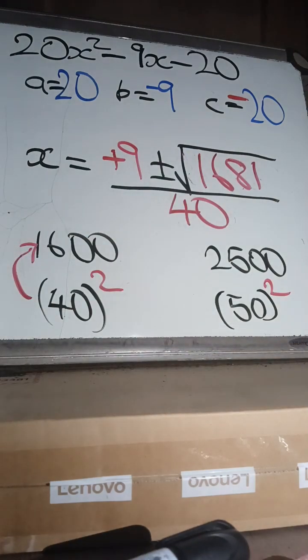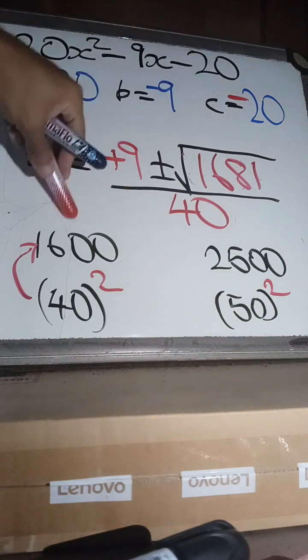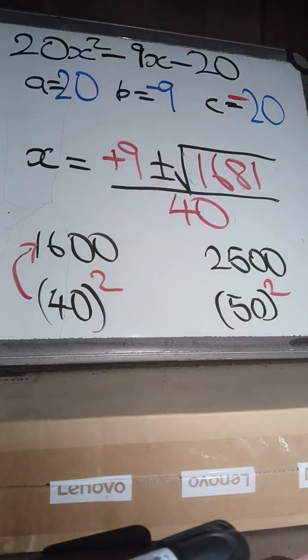When you look at the number 1681, it's bigger than this, but smaller than that. So it has to fall somewhere between 40 and 50. You're just not sure where it is.